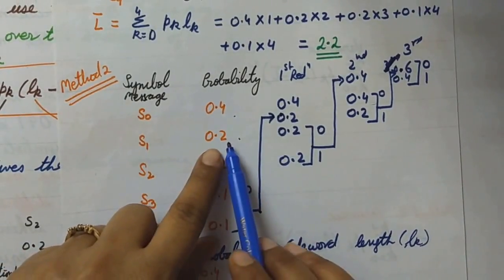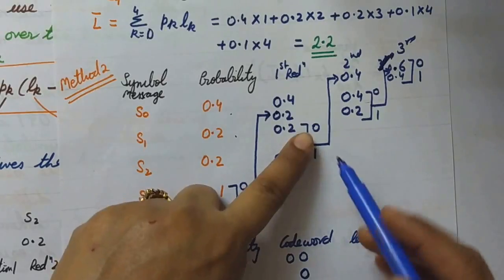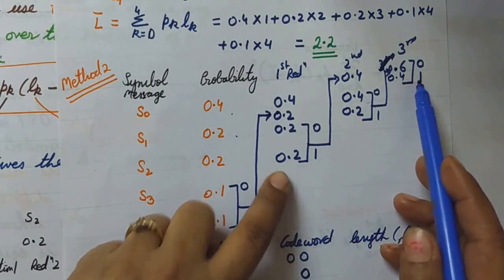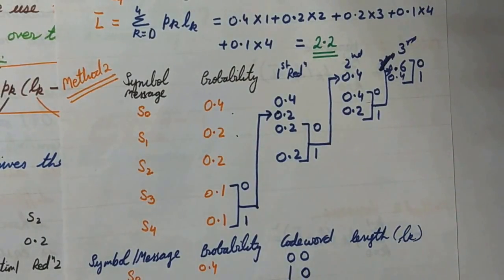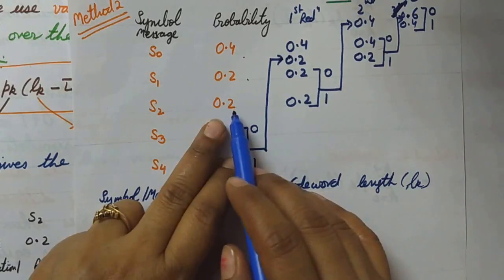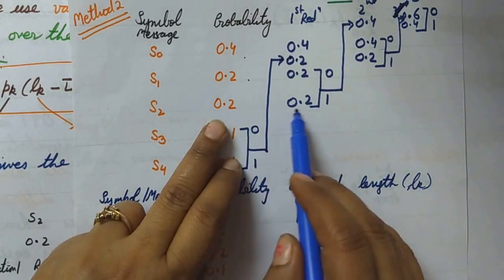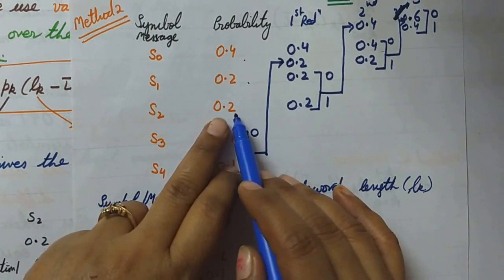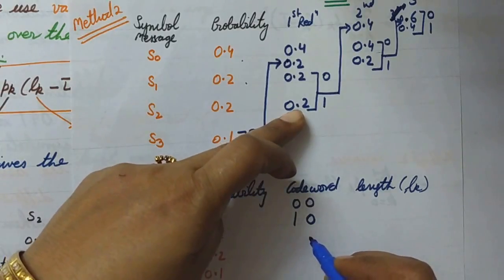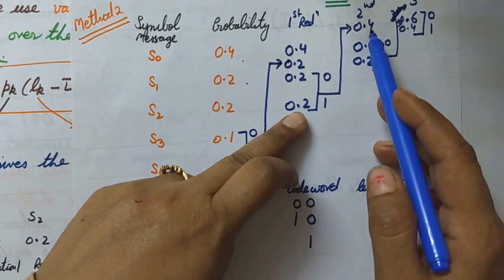For S1, 0.2, 0.2, 0 I have got, it is the LSB. Now after combining it moves to 0.4, no assignment. This 0.4 again here gets 1. This one is the MSB. Now for S2, 0.2, no assignment. Actually this is the probability, so this 0.2 moves to 0.2, it gets the assignment 1, so it is the LSB. This moves after combining to 0.4, no assignment.